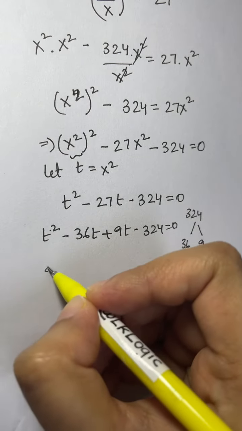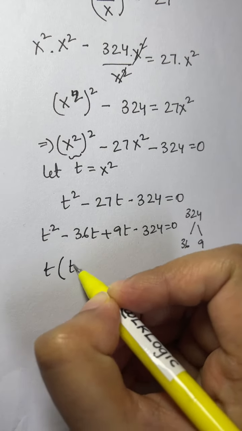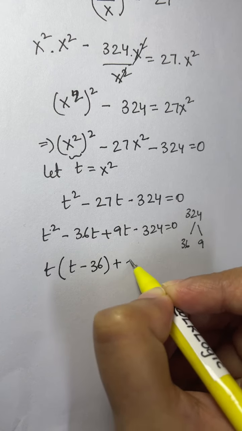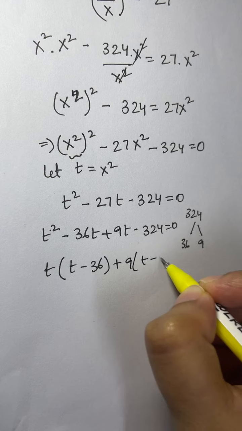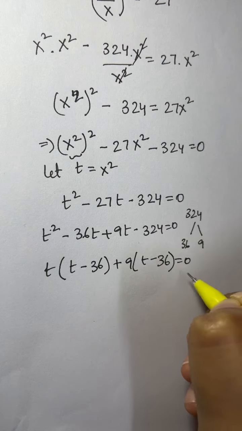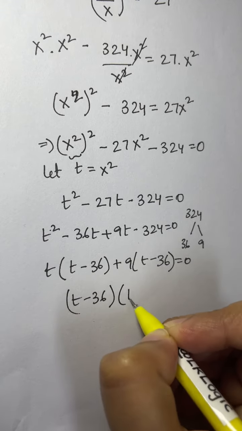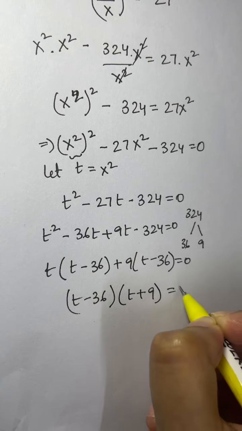Let's take t common. We are left with t minus 36 plus 9. Again you're left with t minus 36 equals 0. t minus 36 is common. Take it out. Then you have t plus 9 equals 0.